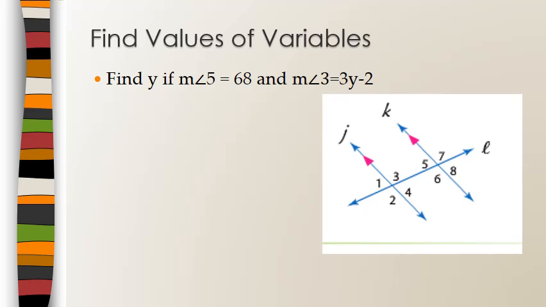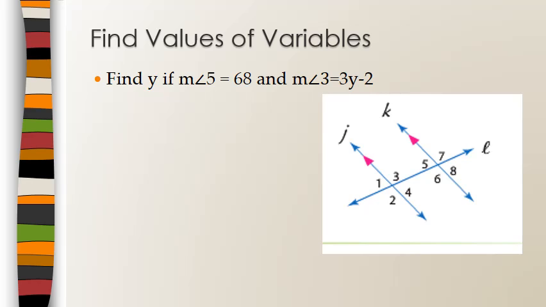All right, this time it says find y if the measure of angle 5 is equal to 68 and the measure of angle 3 is equal to 3y minus 2. So again, I'm looking to see what is the relationship that I can ascribe to the measure of angle 5 and the measure of angle 3.